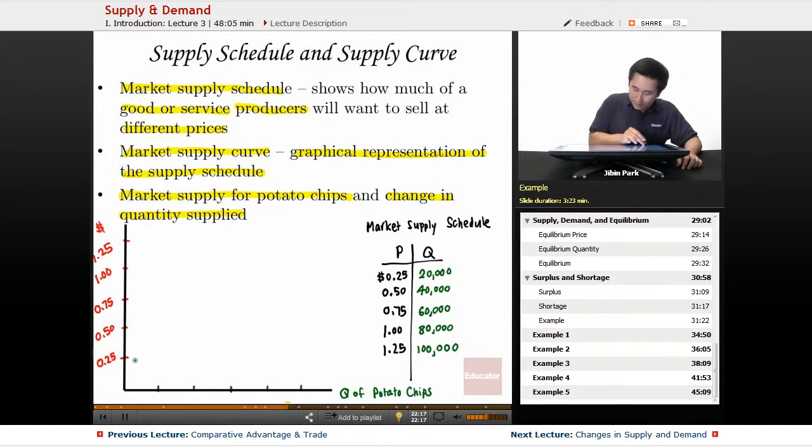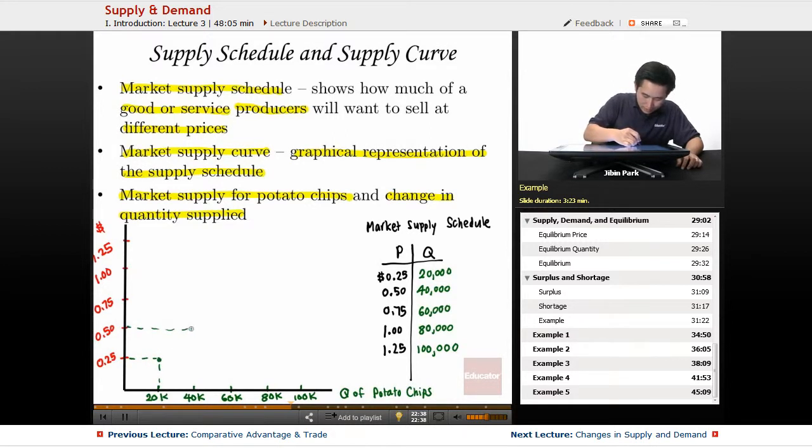So at 25 cents, I did not label the x-axis right here. So this is 20K, 40K, 60K, 80K, and 100,000 here. At 25 cents, it's 20,000.